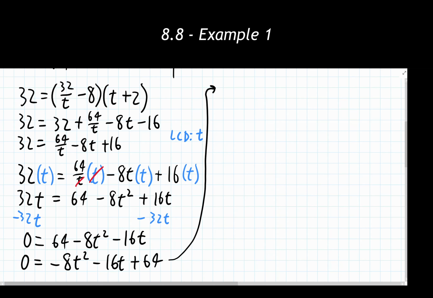I'm going to try and keep the work a little bit together. The greatest common factor amongst all those terms is -8. My recommendation to you is, if you're thinking just 8, well, I have this negative sign out front here. I'd recommend factoring out this negative as well if the leading coefficient in front of the squared term is a negative number. It makes the rest of our factoring process a little bit easier.